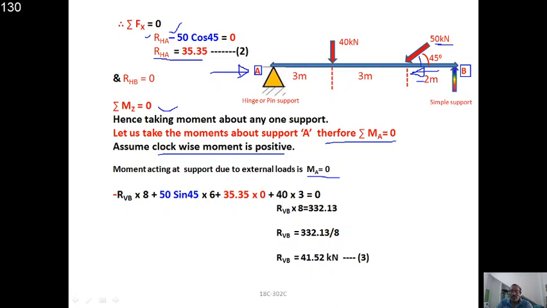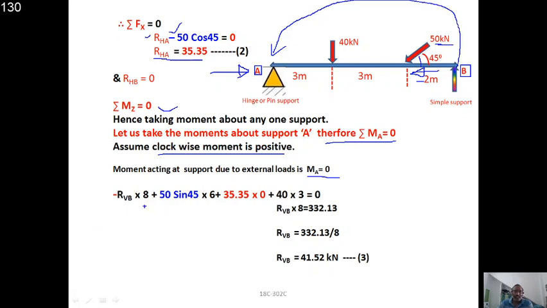Support B is a vertical reaction, moving towards the hinge support in the anti-clockwise direction. The distance between support B and support A is 3 plus 3, 6, plus 2, then 8 meters.